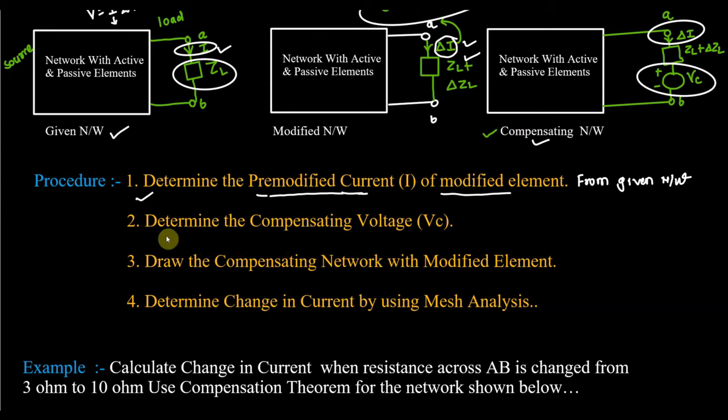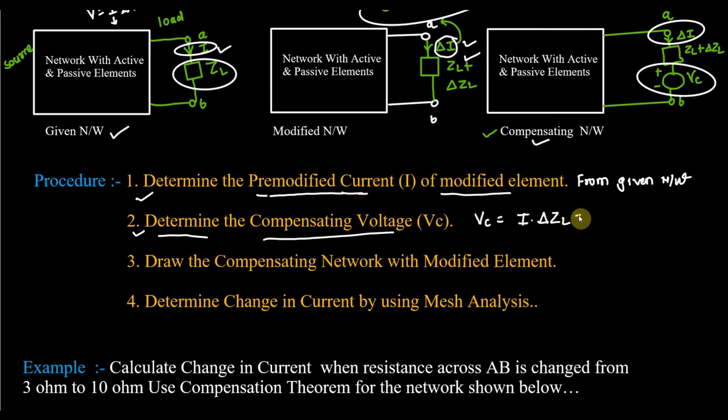Okay. Now what is the second step? The second step is to determine the compensating voltage source. I will say that is VC. The formula for VC is I into delta ZL. What is the formula? VC is equal to I into delta ZL. What is I? I is the pre-modified current.